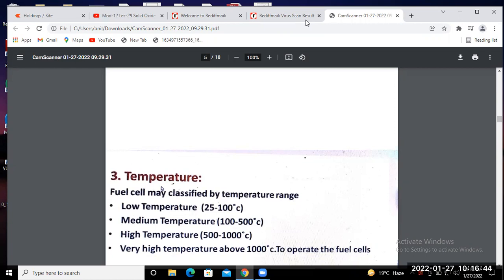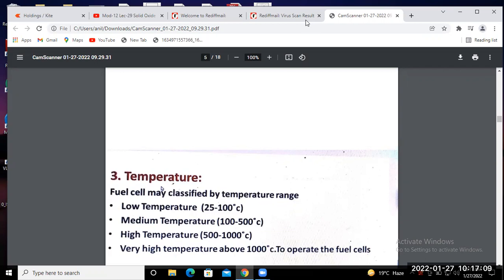Suppose someone operates at 130, 195, up to 500 degrees Celsius, say 490 or 495, then up to 490 these are in the category of medium temperature.